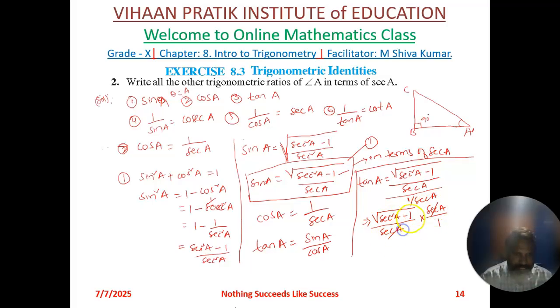Secant A cancels. We will have a result as square root of secant square A minus 1.